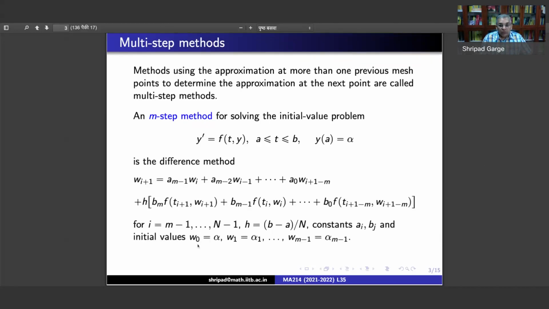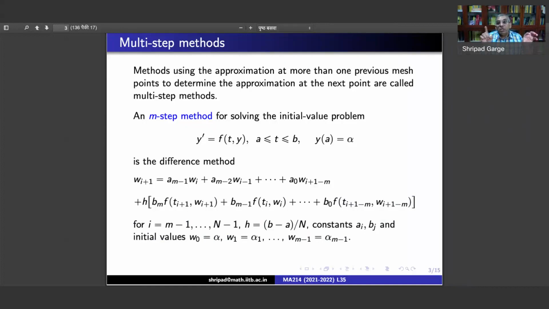But before we go to initial values, we notice that there is this particular very curious entry: bm into f of t i plus 1, w i plus 1. We are writing an equation for w i plus 1, and there is already a w i plus 1 sitting here, and this is not a typo, but it is indeed there. What may happen is that your bm may be 0, and if bm is 0, then the difference method will have w i plus 1 purely in terms of the previous m points and the data associated to it.